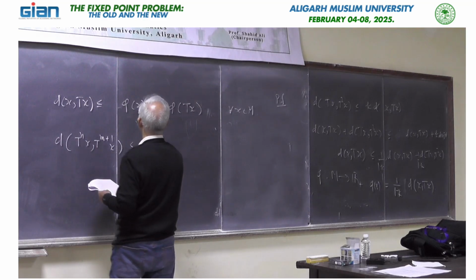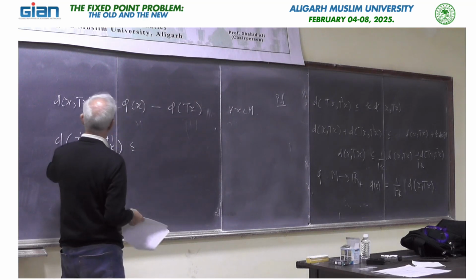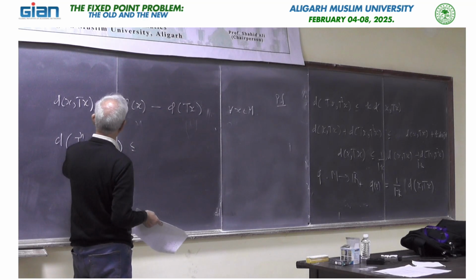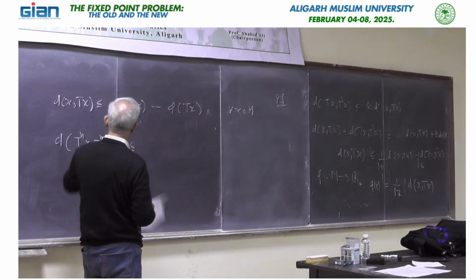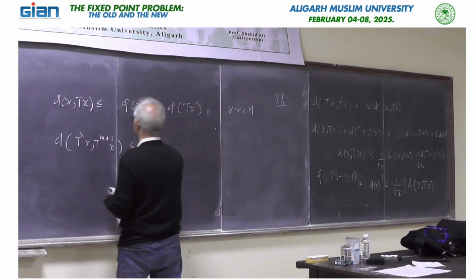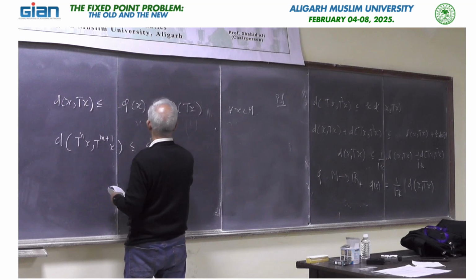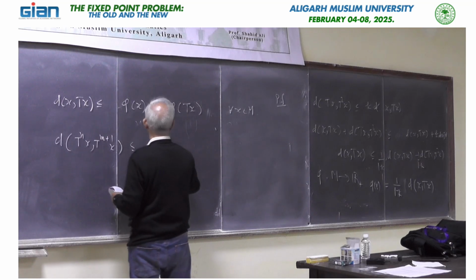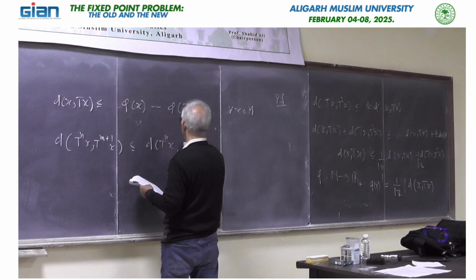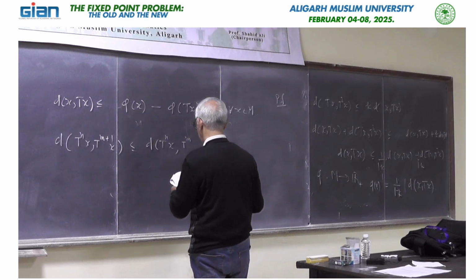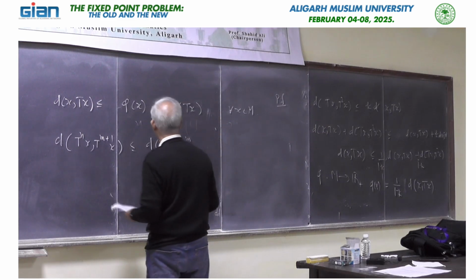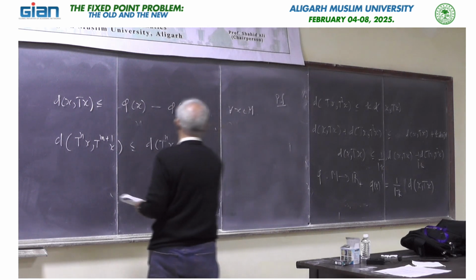So what you do is you write d of T^n x, T^(n+1) x like this. Let me write that and then explain it.